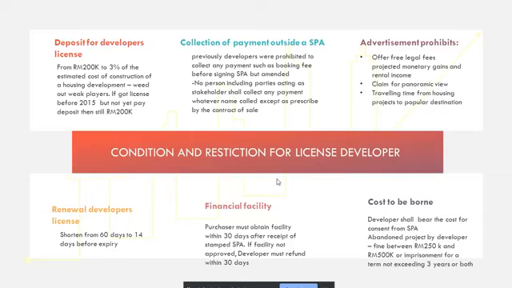Financial facility maksud bank lah, bank untuk meminjam duit lah, untuk meminjam loan tersebut. So if the buyer tak dapat approval daripada loan tersebut, developer must, pihak pemaju, developer must refund the booking fee or deposit within 30 days. The cost to be borne. Pemaju akan menanggung all the cost daripada persetujuan sale purchase agreement tu.